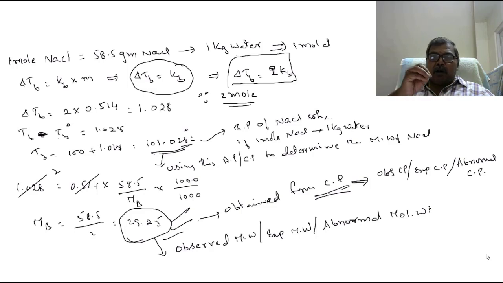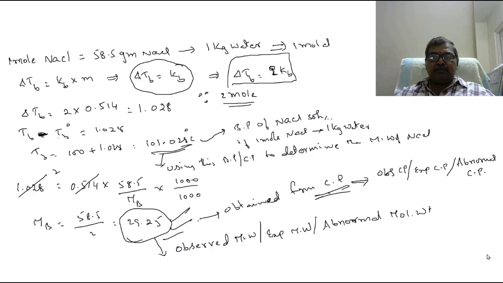If the number of particles of solute present in the solution is not the same as the number of particles actually dissolved in water or in any solvent, then we will get abnormal molecular weight. This is because the solute may undergo association or dissociation.